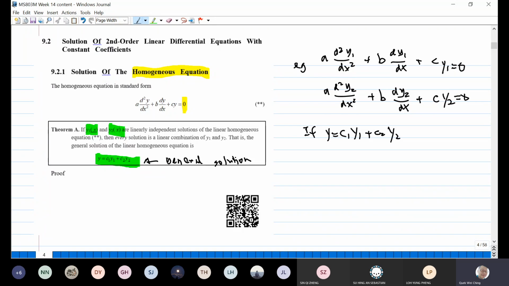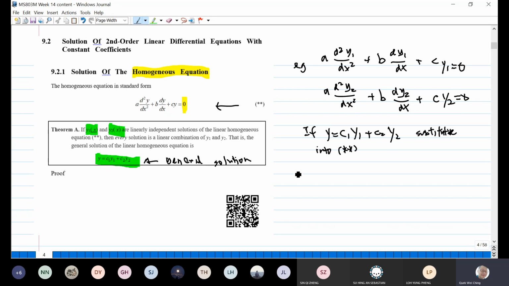So you substitute into the star equation here.